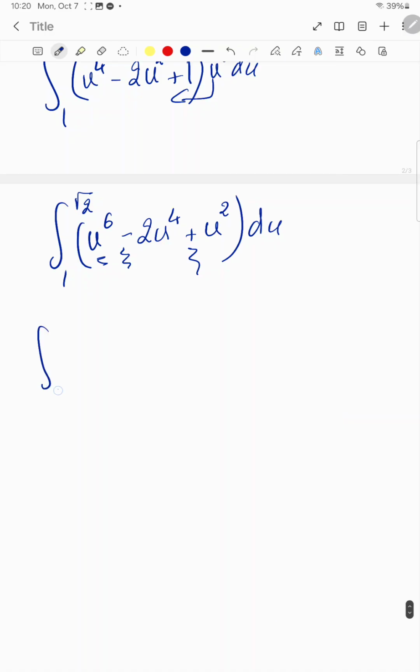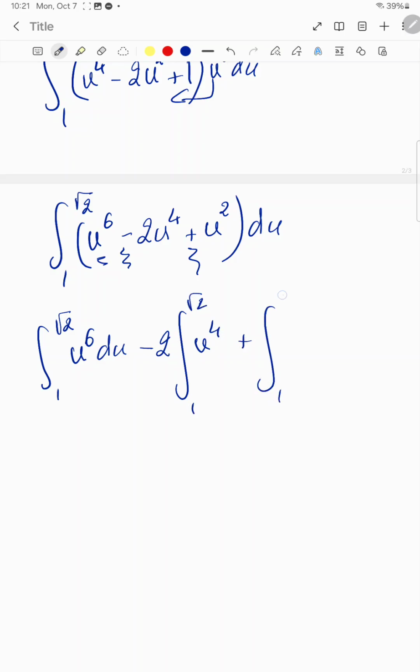So my integral becomes the integral from 1 to square root of 2 of u to the power of 6 du, minus 2 times the integral of u to the power of 4 between 1 and square root of 2, plus the integral between 1 and square root of 2 of u square du.